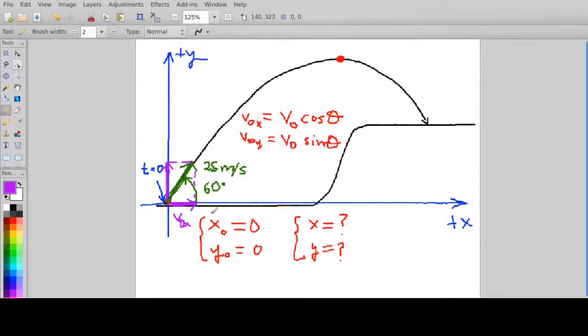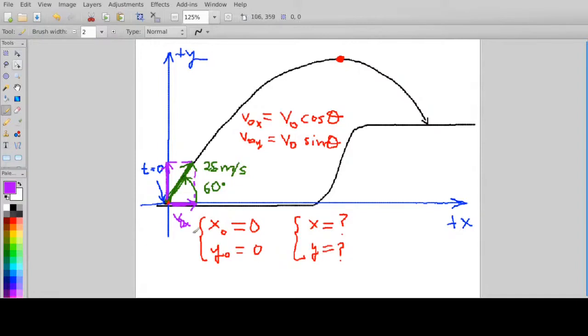I don't have room to write it in there, but it's your v naught y. The green vector is at an angle, so the thing is both going up and going to the right. The decomposition of the polar vector into its Cartesian components says how much it is traveling to the right and how much it is traveling up, at least initially.